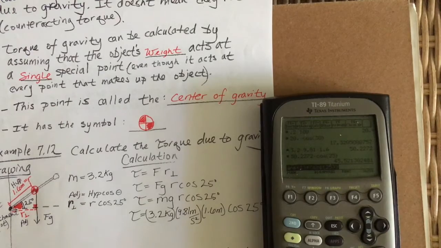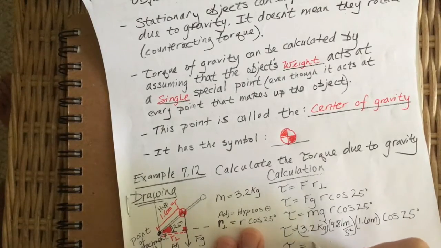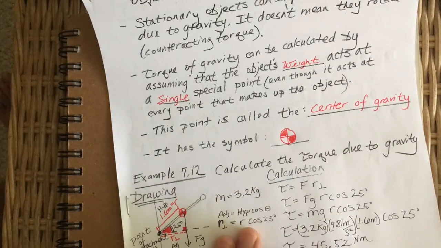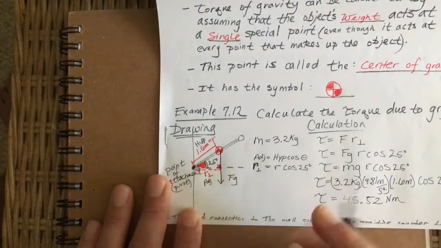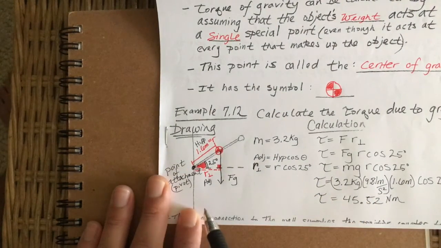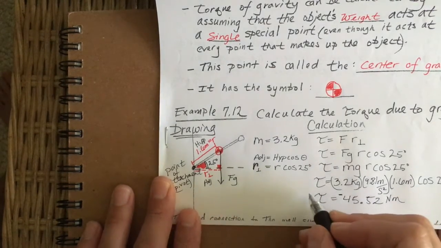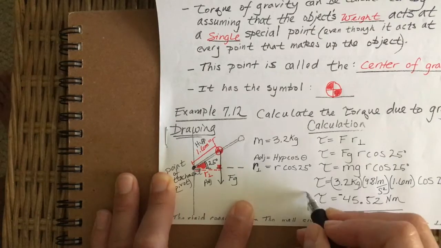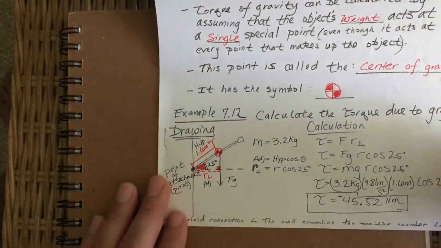Gives us about 45.52 approximately. Units here for torque are newton meters. And this is going to be heading clockwise, so we're thinking negative for our torque value. All right, and there you have it right there.